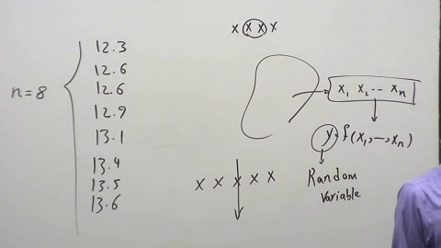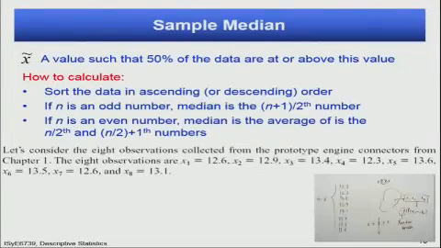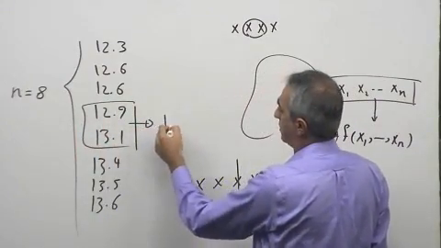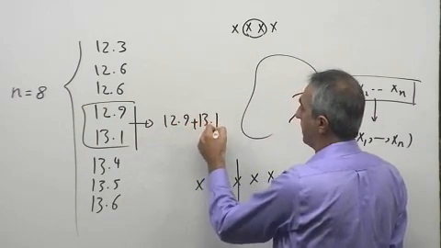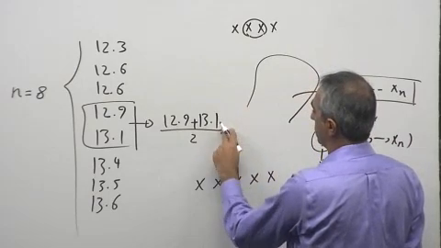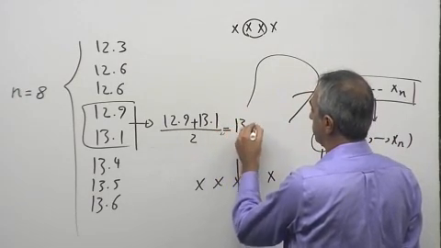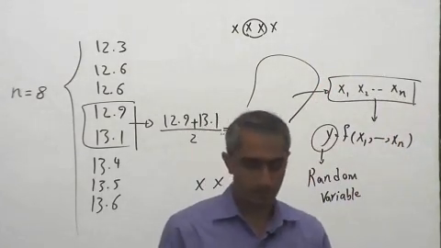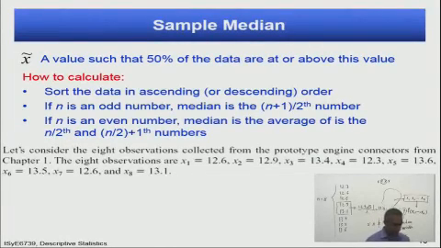If n is an even number, it's going to be the n divided by 2 number and the n divided by 2 plus first number. So in this case, these two numbers, the average of these two would be 13. Okay? Any questions? Simple. Is it too simple? Boring?